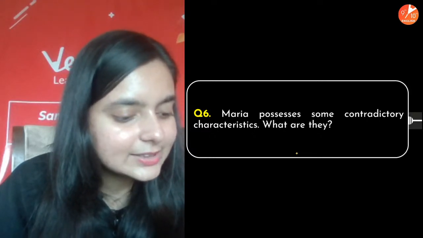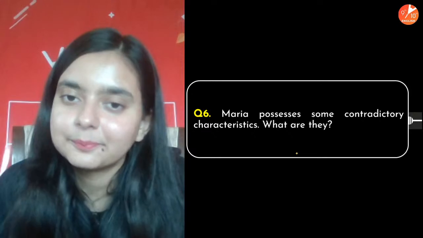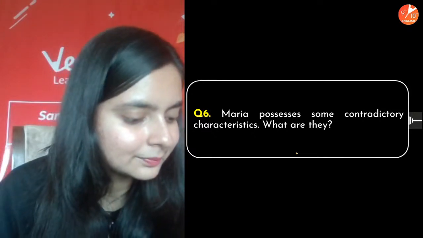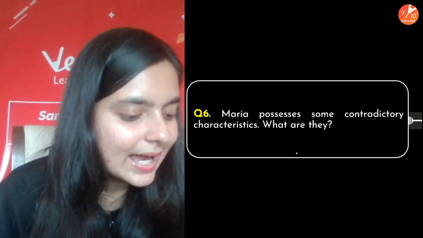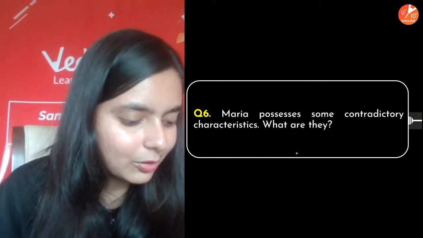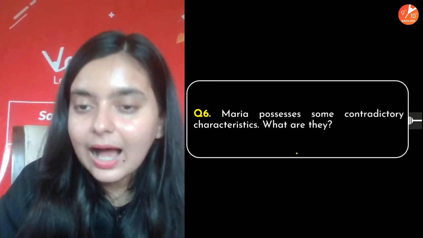Thank you, Sakshi. So quickly tell me, what are the characteristic features that Maria possesses? Socially, reading books. Okay. Yes, Shaunak, Neha.